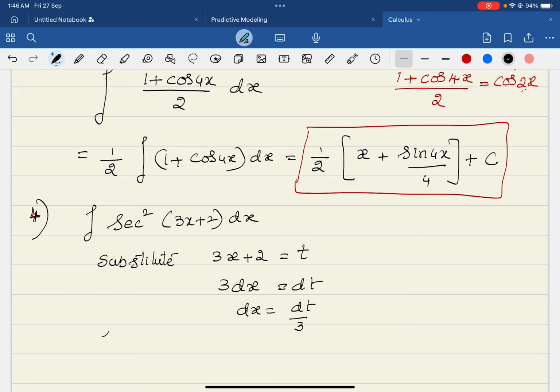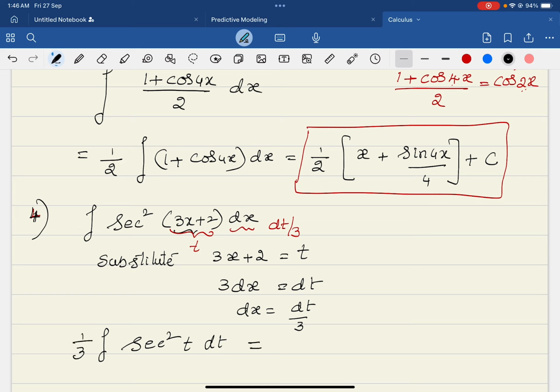So now let us go to the integral and substitute these values. We have replaced 3x plus 2 as t, and dx as dt by 3. So secant square t, and 1 by 3 I will write outside of the integral.